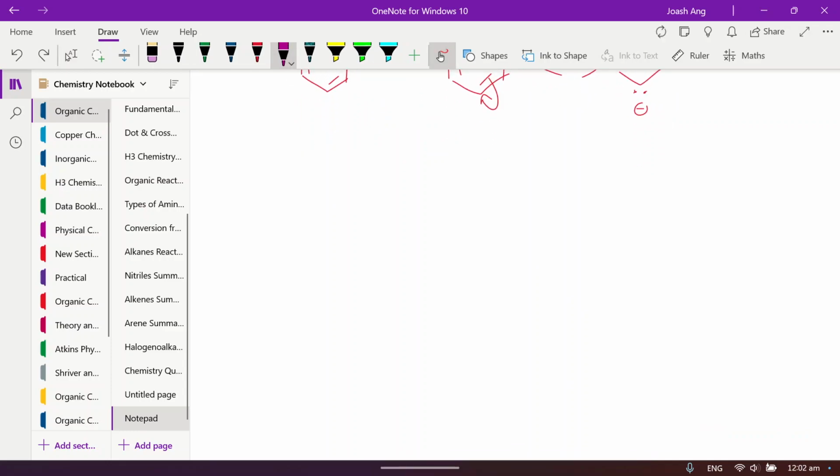So for nitro, okay, wait, let's use a red pen. For nitrobenzene, alright, so we'll have, okay, I'll draw out the whole entire structure to make it easier.